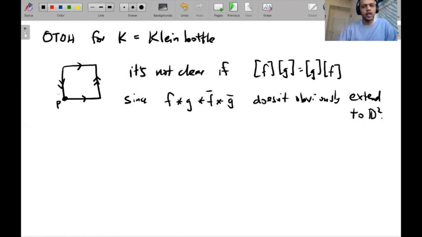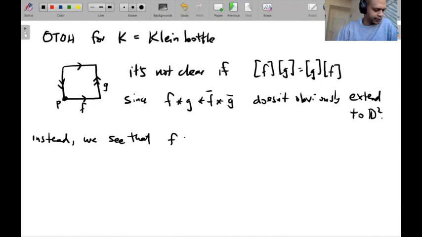So the thing that you see that extends to a disk in this picture is instead this: if we do F, so here's F, then we do G, then we do F in reverse, and then we do G going forward.